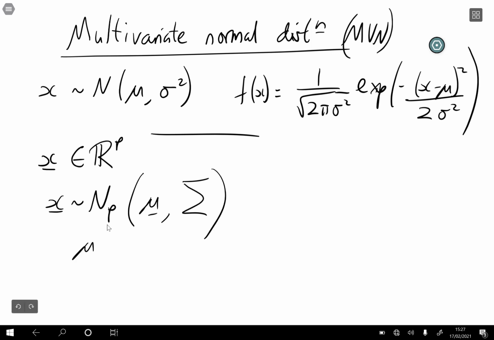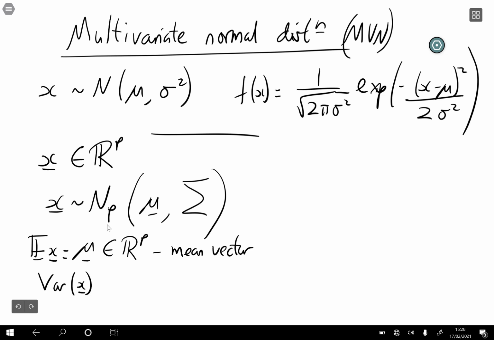So mu here is in R^p. This is its mean vector, the expected value of x, and the variance of x is Sigma, a p by p matrix. This is the covariance matrix.